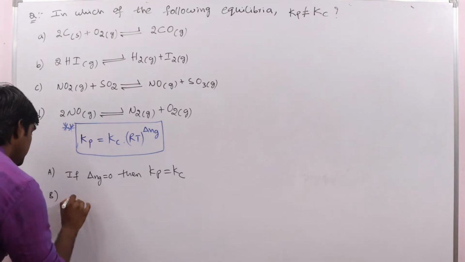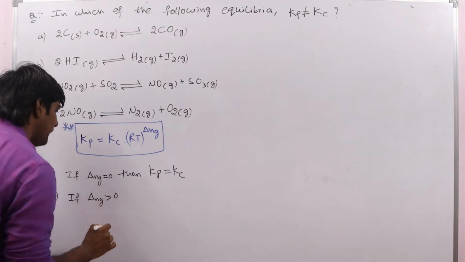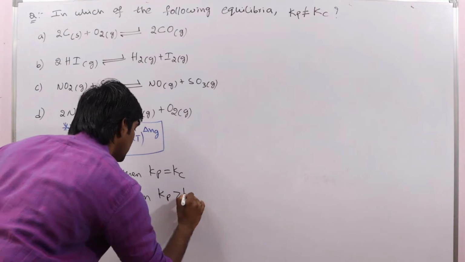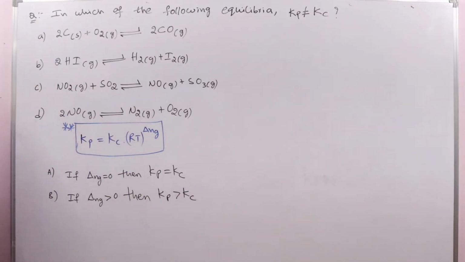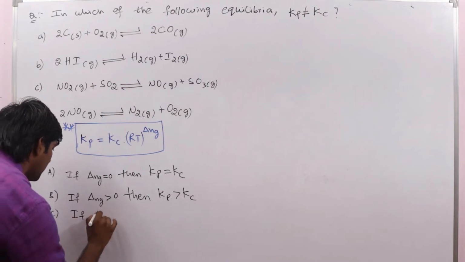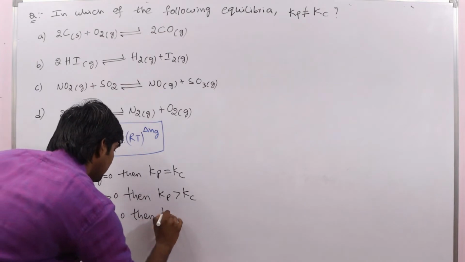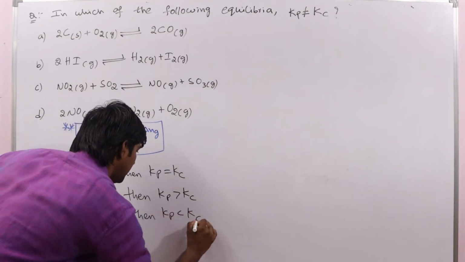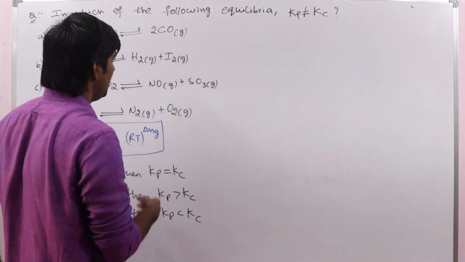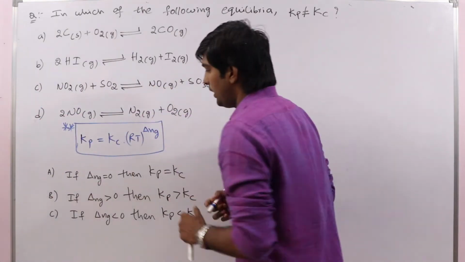The next case is if delta Ng is greater than 0, that is a positive value, then Kp is greater than Kc. And another case is if delta Ng is less than 0, then Kp is less than Kc. This is the concept we have to use to solve this type of problem. Clear? This formula you must remember.